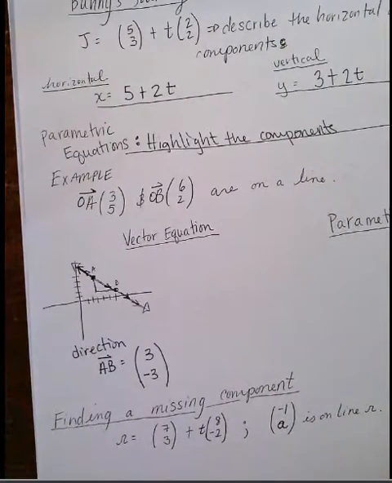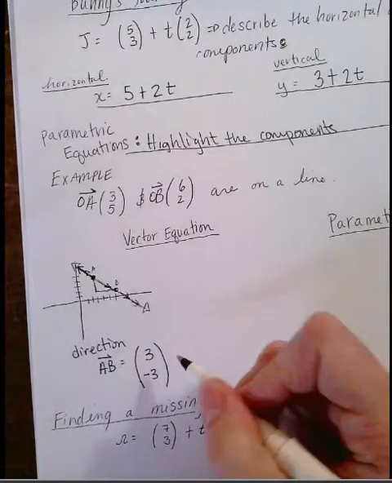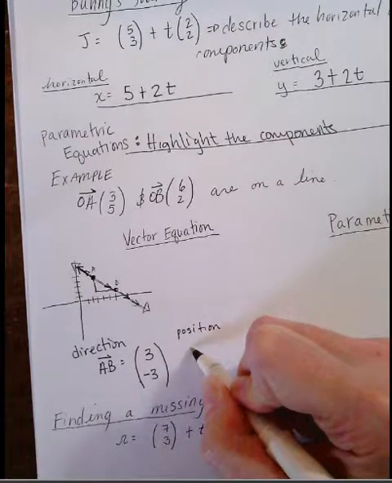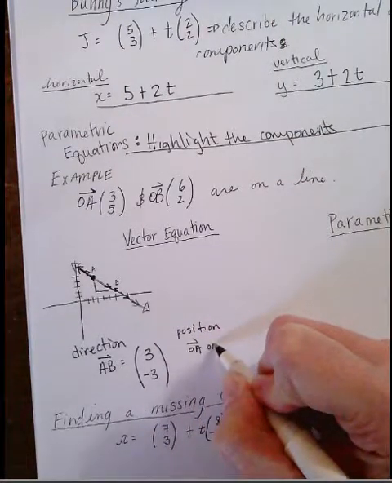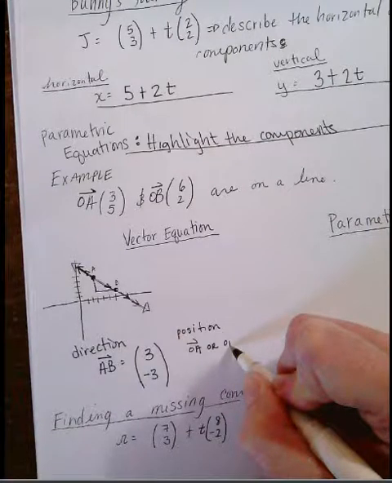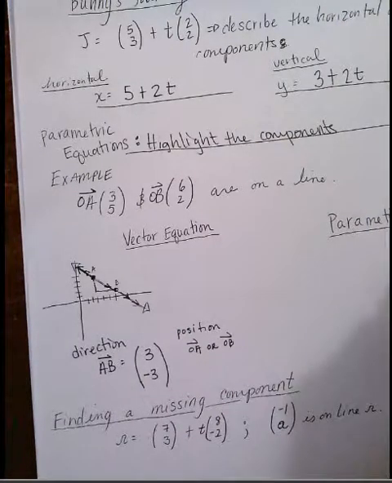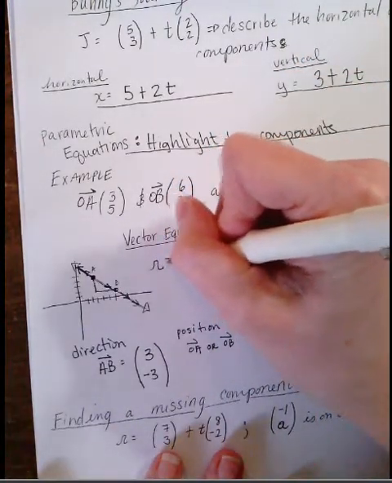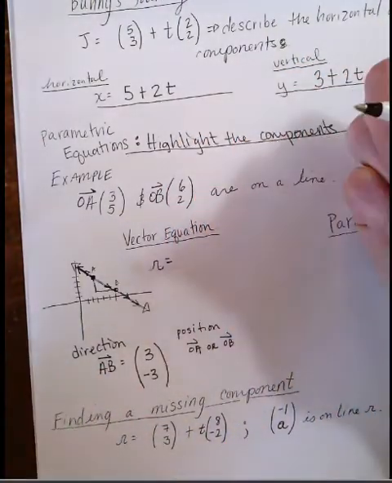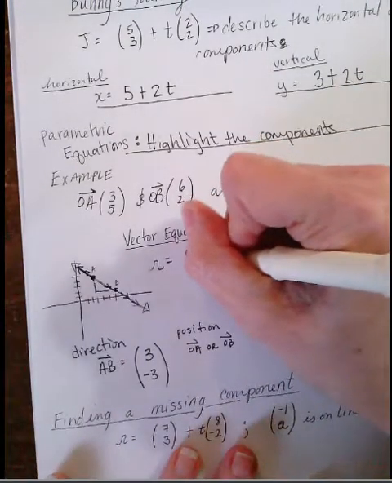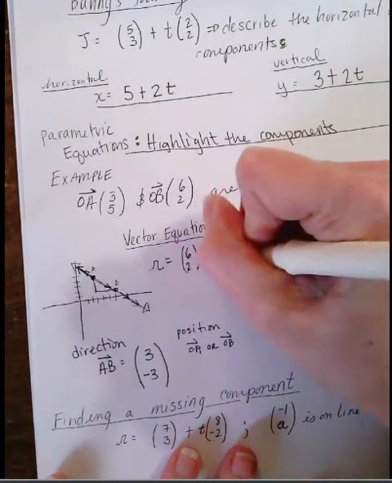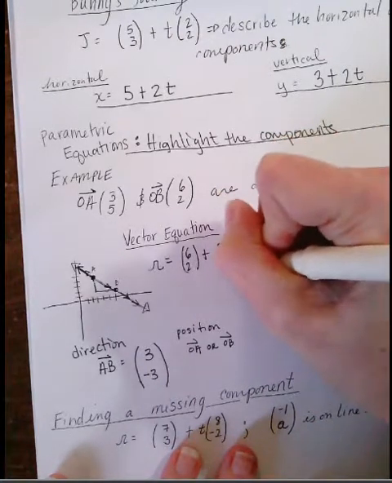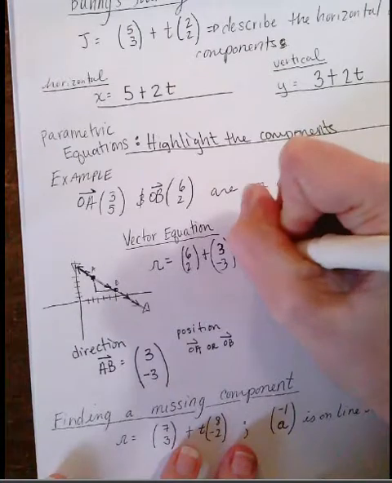And then we're going to need a position vector. The position could be OA or OB. It doesn't matter, because either one of them gives us the pathway that we're living on. So our vector equation can be represented by, and I'm going to choose OB, makes no difference, 6, 2 plus 3, negative 3, t.